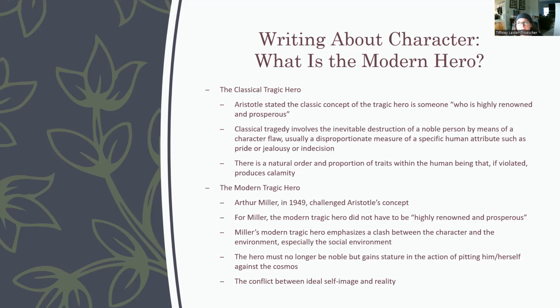But typically, our heroes in classic drama are rich, noble, typically men, who are either too prideful, too jealous, too arrogant, too indecisive, and that leads to their downfall. That leads to their tragedy, their conflict.